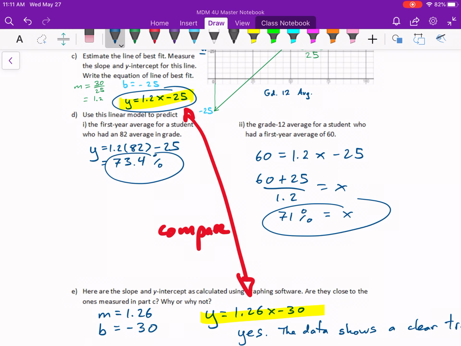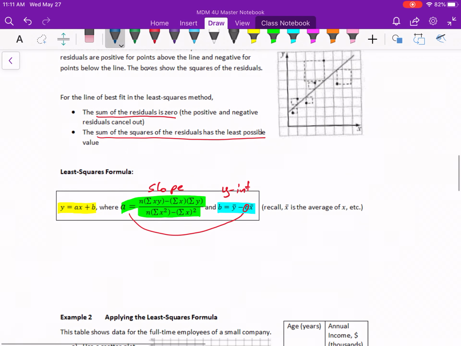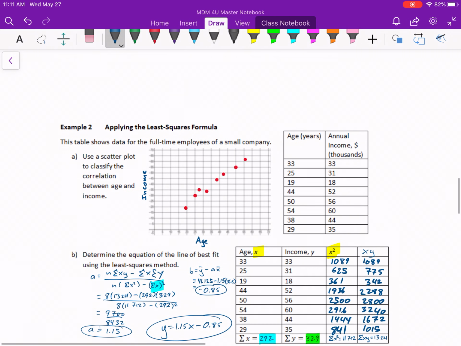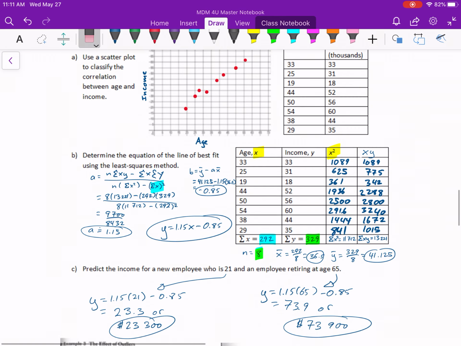My estimate was very close. So it depends. Is it worthwhile using the formula? Maybe not in this case. We get a really good ballpark just by drawing a line through these points, and, well, if your line's better than mine, you get the idea. I could calculate the slope and the y-intercept a lot quicker without using the least squares formula. But again, it's not always going to be so easy to see.